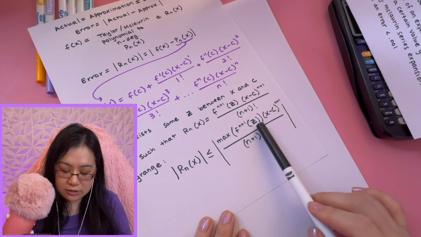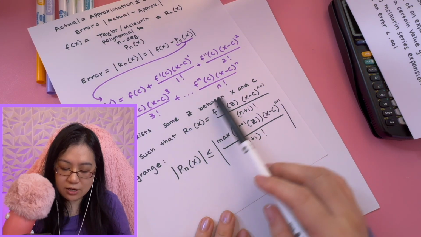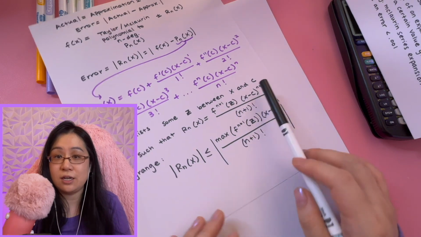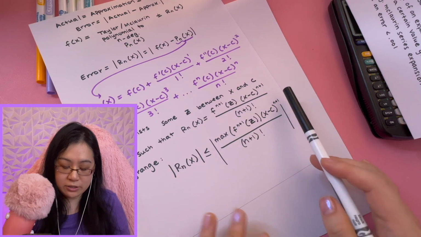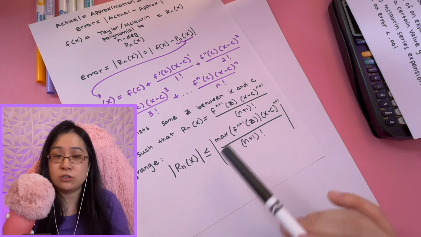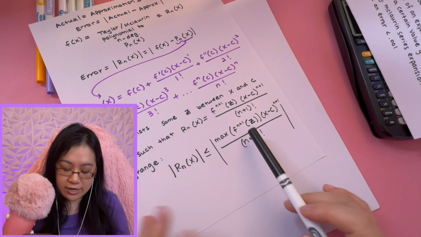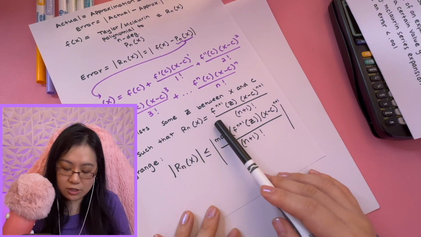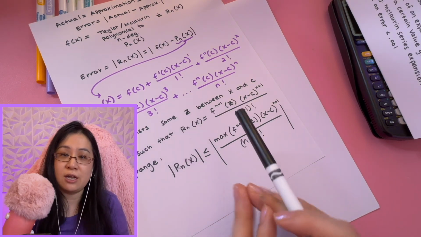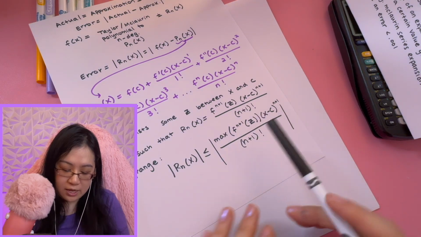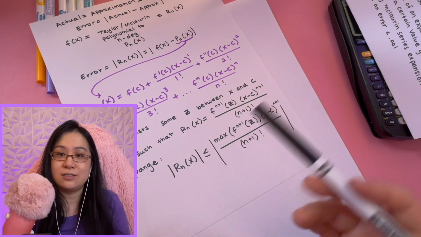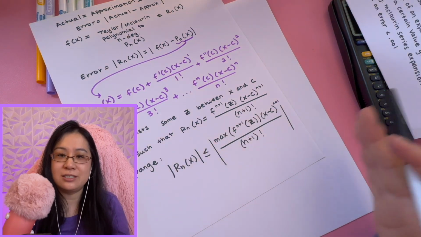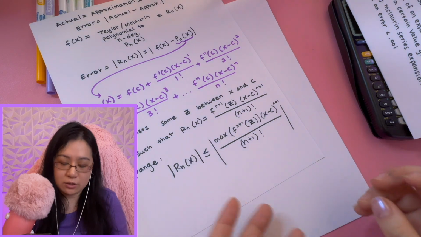So first of all, this z value is just some z that is between x and c, and depending on the function, we don't know if x is bigger or c is bigger, but that doesn't matter. There's just some z value that makes this remainder equal to the n plus first term. And for the actual bound, we just want to maximize that to literally bound that entire error part.